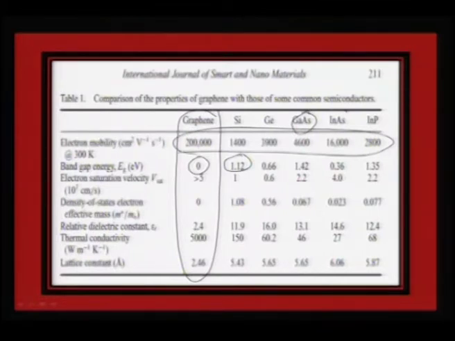As of now, the most preferred one for semiconductor applications is indium arsenide, because the mobility values are of the order of 16,000, but graphene mobility seems to even surpass indium arsenide, and this also has a very low lattice constant. The dielectric constant also is very low compared to any of the other semiconducting materials, and therefore this makes it a very good candidate for semiconductor applications as well.